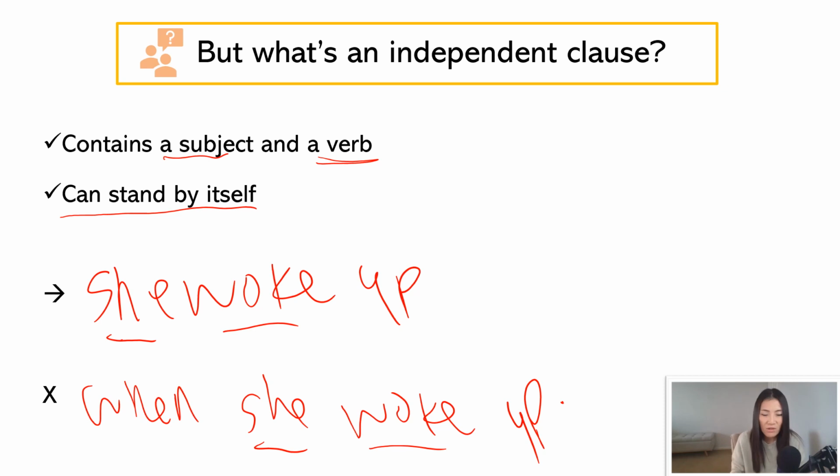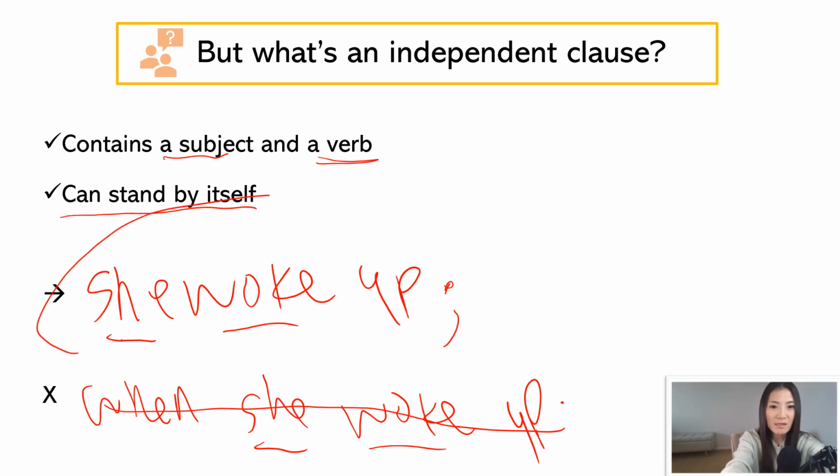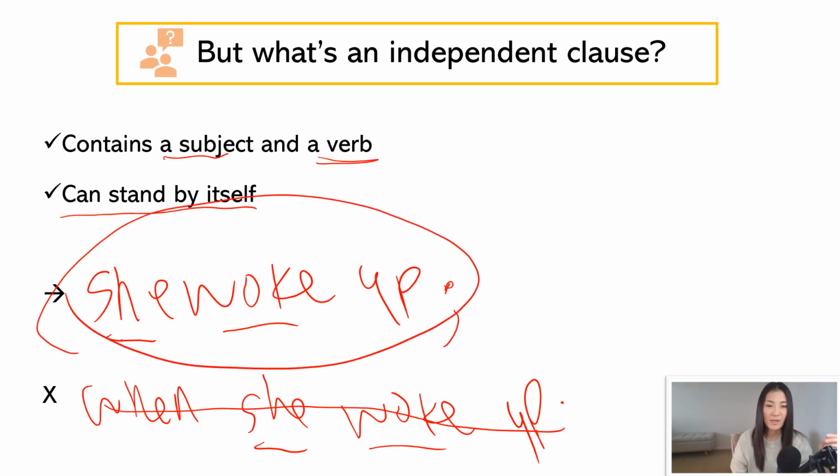We need something else to finish this sentence. So this is an example of a dependent clause. If I'm going to use a semicolon, I need to only use an independent clause like this one. So an independent clause is a subject and verb that could stand by itself as its own sentence.